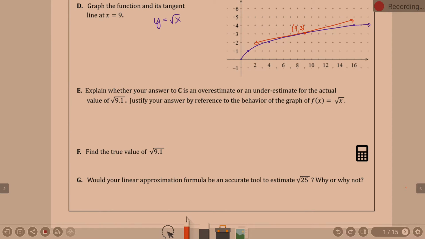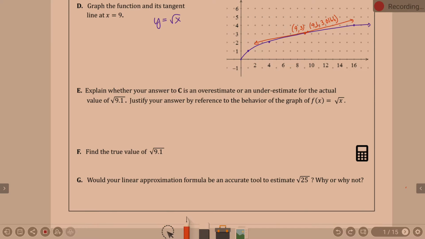And this point here is going to be 9.1, comma, 3.0166. Because that is on the tangent line, and that tangent line is above, it is an overestimation.